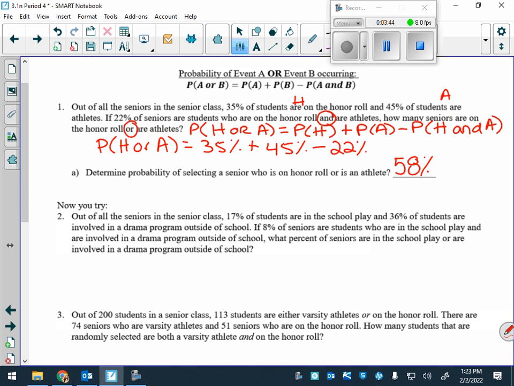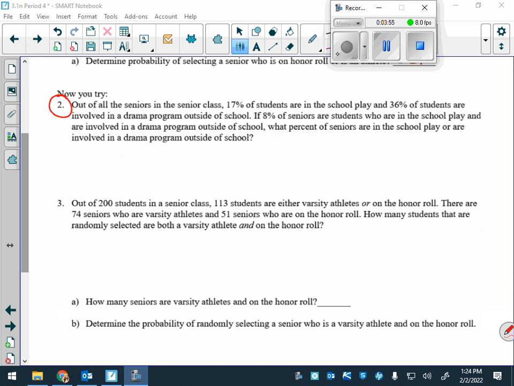Okay? So using the same formula as we just did, I want you to try number 2. For number 2, what percent of seniors are in the school play or involved in a drama program outside of school? What did we end up getting? Danielle? 45%.